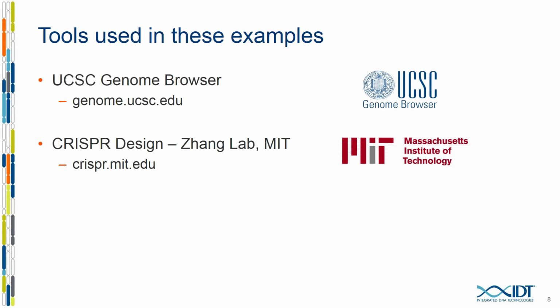We'll also take a look at the CRISPR design tool from MIT. This one has been around for quite some time, and while it doesn't provide an on-target CRISPR analysis or ranking, it does a very nice job of providing a simple output for off-target analysis. And so this is another common tool, and we'll take a walk through that tool as well.